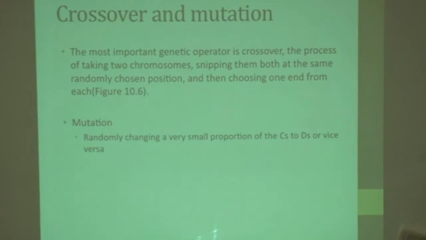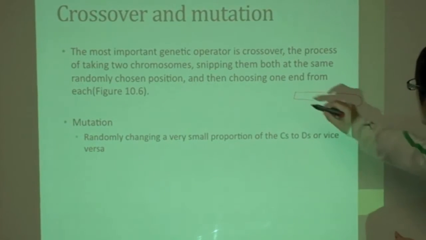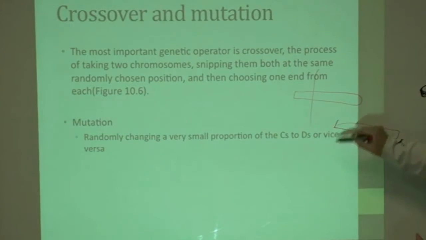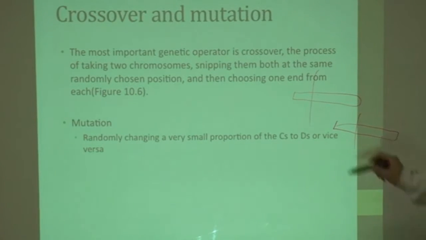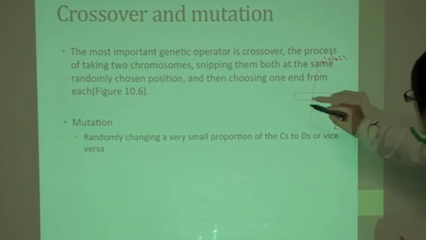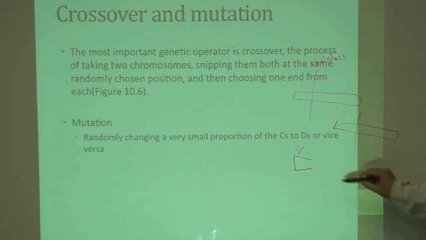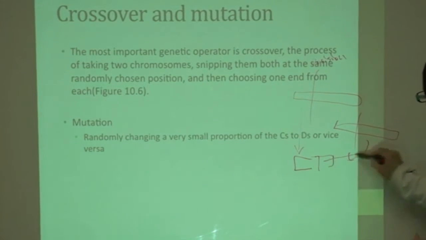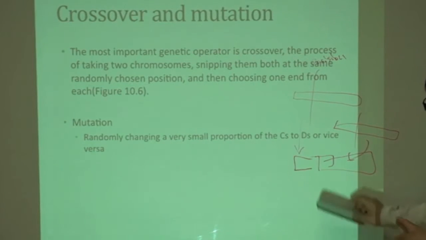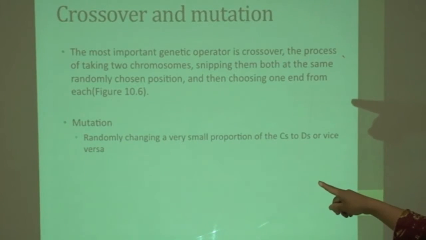It is the process of taking two chromosomes and snipping them both at the same randomly chosen position, and then choosing one end from each. And here, mutation.